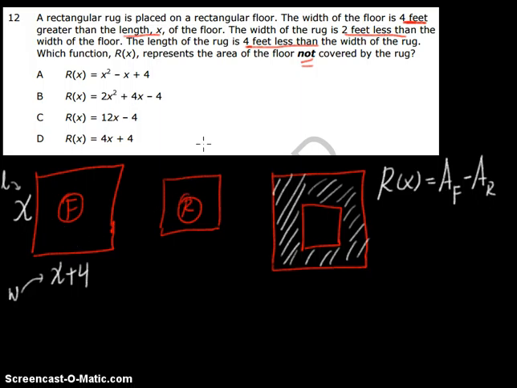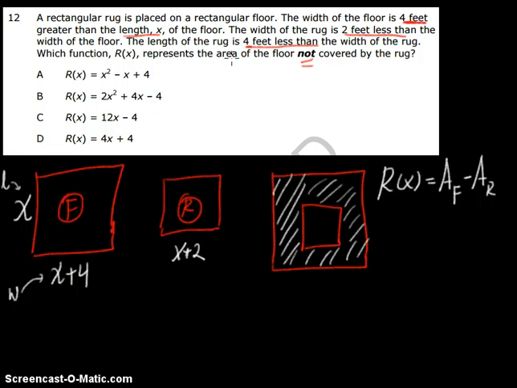Now let's talk about the rag. The width of the rag, which is going to be this side, is 2 feet less than the width of the floor. So if the width of the floor is x plus 4, then when you take 2 away, we get x plus 2. X plus 2 would be the width of the rag.